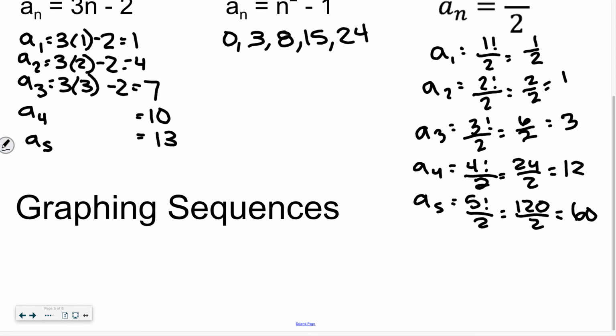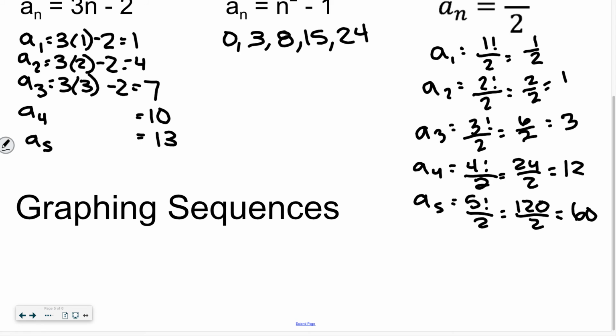Now, I'm going to make a quick note here about graphing sequences. Think about graphing sequences, like putting them on a graph, like you're graphing a function. So if we go back to function notation, f of x was a fancy way to write y. So in sequence notation, a sub n, the terms of the sequence are like your y values.